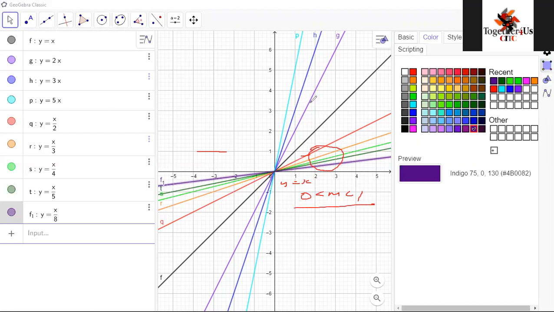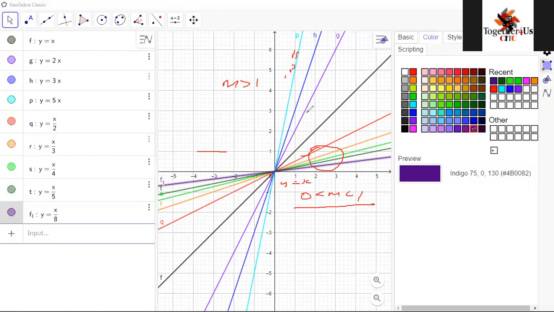But once the gradient is bigger than 1, we can expect a slope that is way steeper, to a point that you can't really walk on this. This is where you need ropes to climb walls, things like that. So if you can think of it in that way.